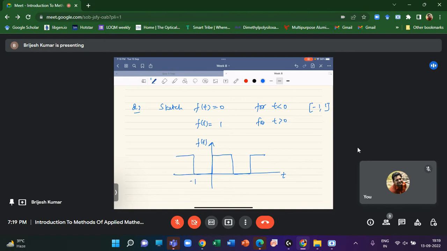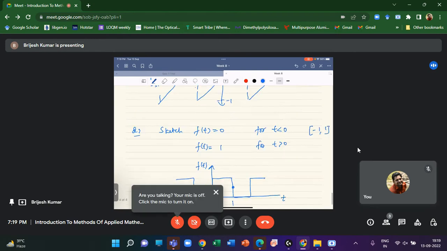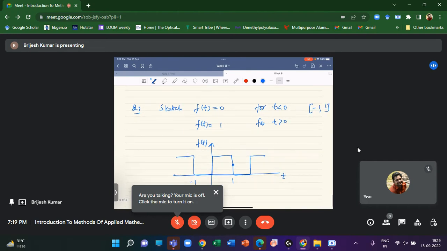This is minus 1, this is 1. Then what will be the value at 1? At 1 we again find the half of the sum of these two, 0 and 1. So this will be 1 by 2, the value at the periodic point.